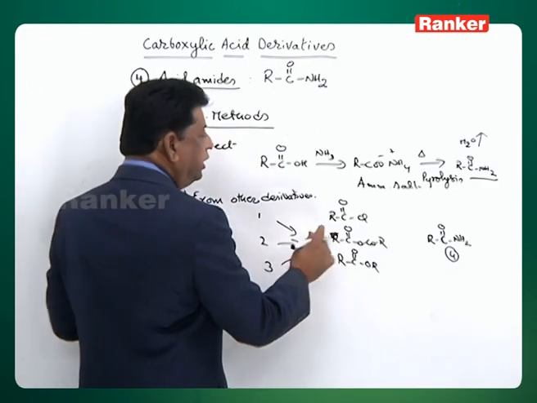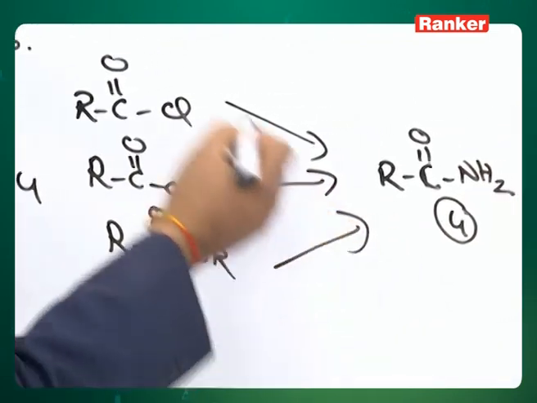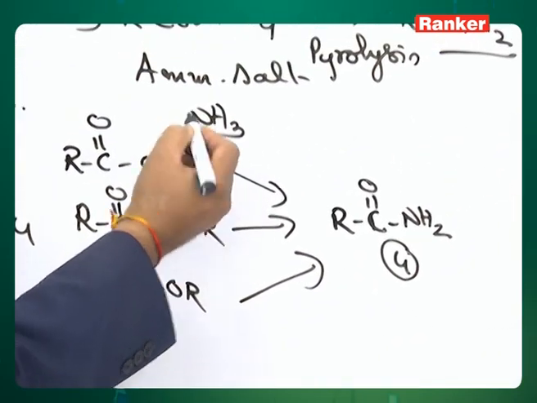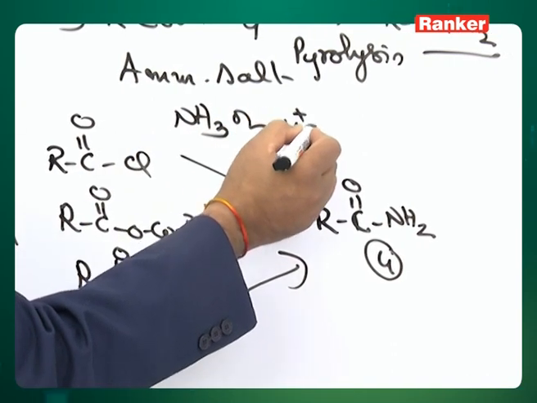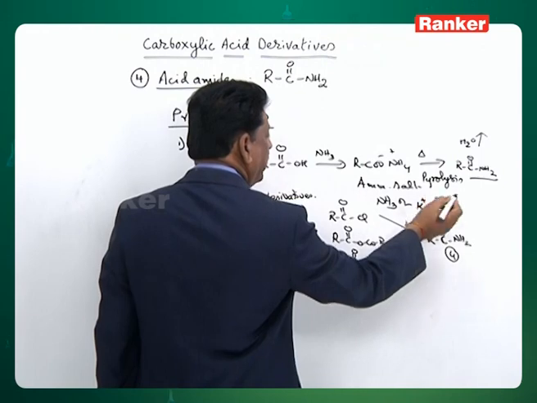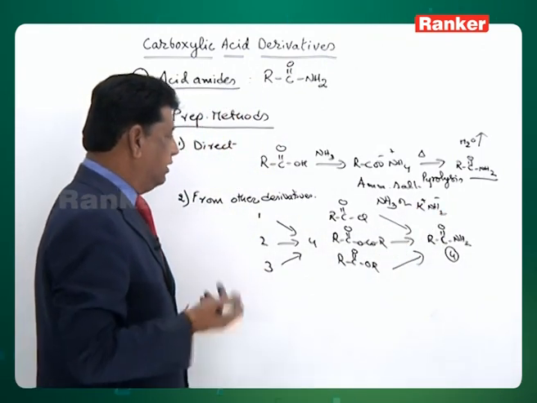So, 1, 2, 3 can be readily converted either by adding only ammonia or by adding its salt, like the potassium salt of the amide, KNH2 minus, or sodium amide, or ammonium salt of amide.